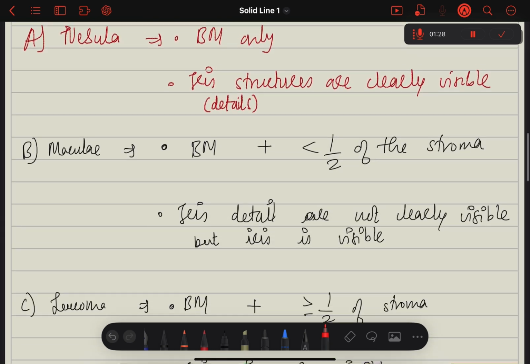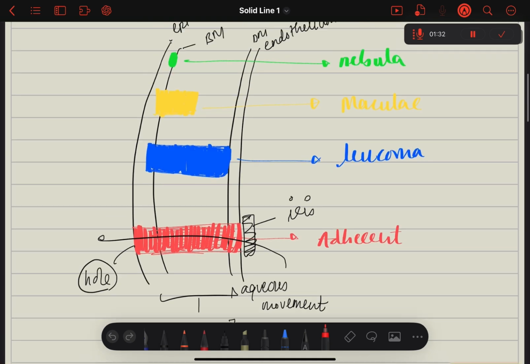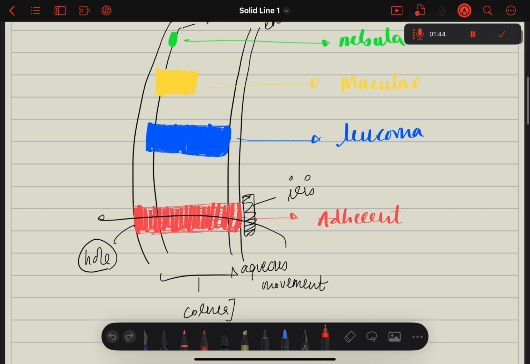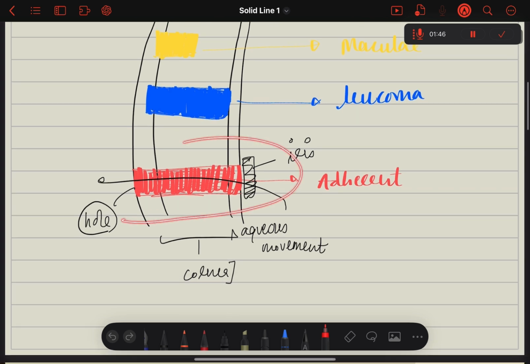When stroma is less than half involved, we call it maculae. When Bowman's membrane plus the whole stroma is involved, we call it leucoma. And when the whole cornea is involved, we call it adherent.